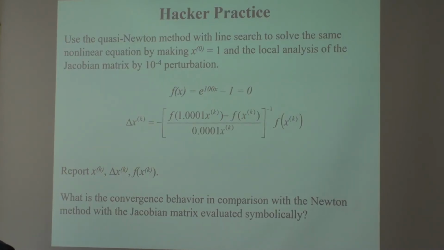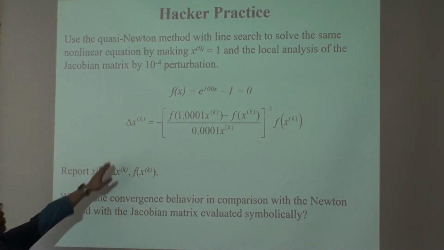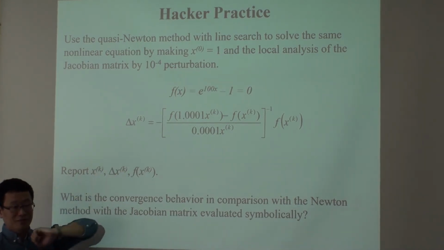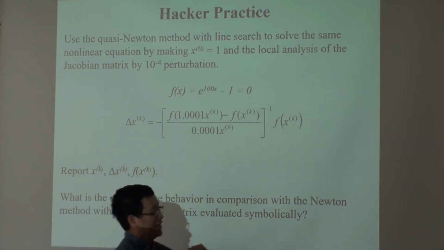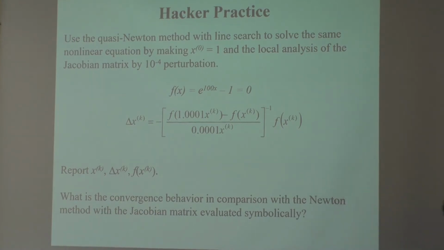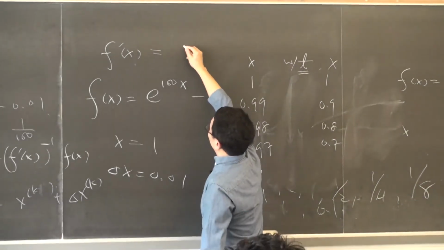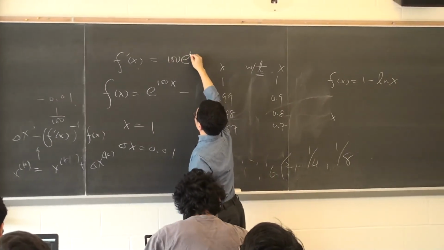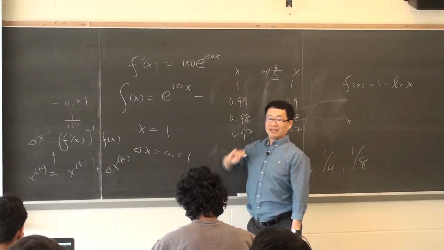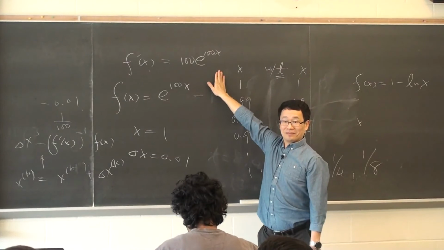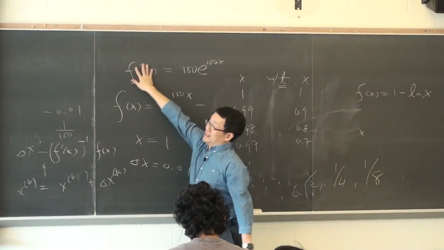So with that, let's try it. Same function, let's do your quasi-Newton. Instead of taking your f prime of x, which originally you do this, now don't assume that this is not doable.